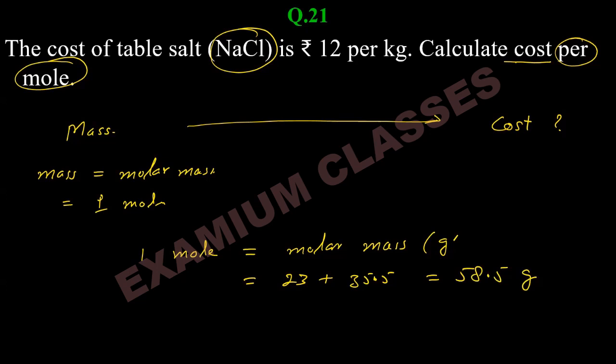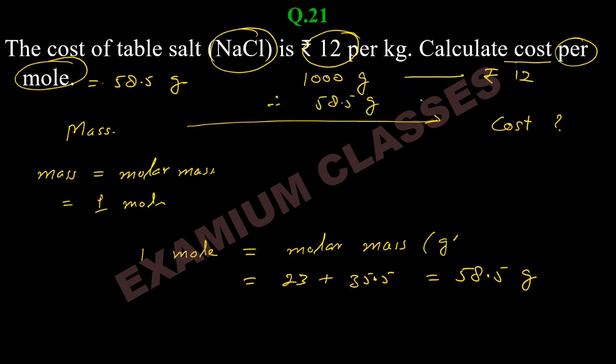So 1 mole is equal to 58.5 grams. Now the question is simply: if 1 kg costs 12 rupees, meaning 1000 grams costs rupees 12, then 58.5 grams will cost how much?